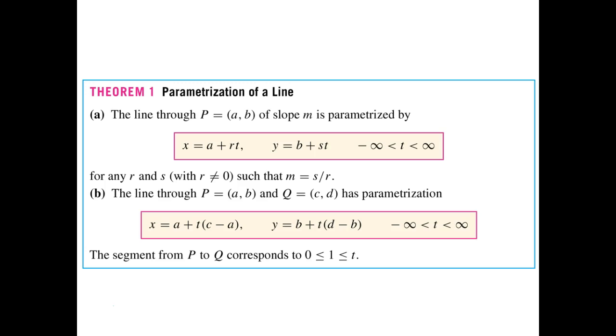A line through a point (a, b), where (a, b) is just any point, x equals a, y equals b, somewhere out there, with slope m is parameterized this way: x is equal to a plus rt, and y is equal to b plus st. There are r's and s's, strictly parameters we don't have a clue about yet.